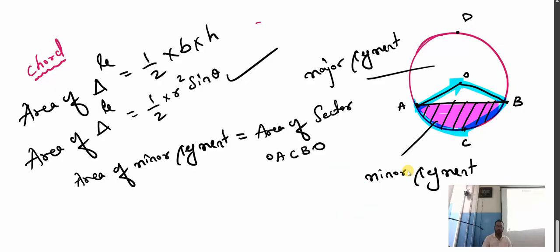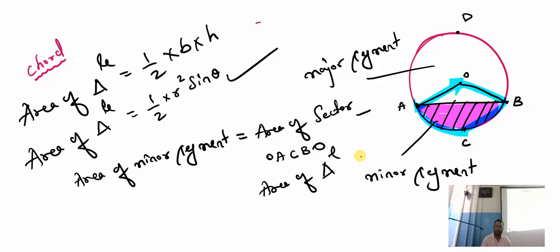Area of sector OACBO minus area of triangle OAB. Any doubts? Understood how to find the area of minor segment? Okay.